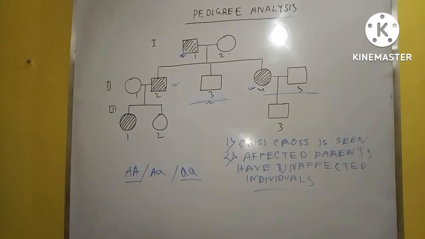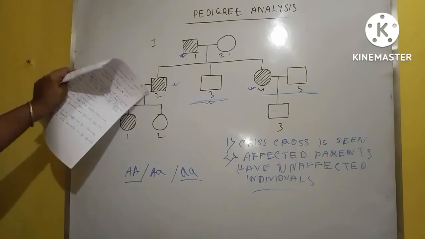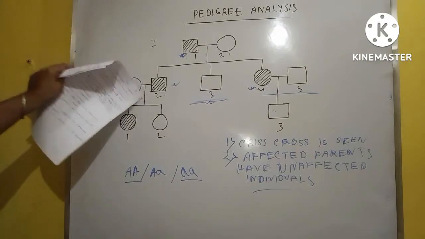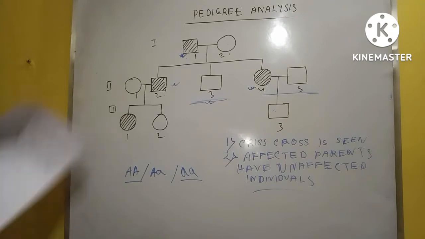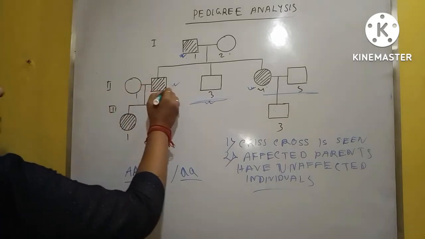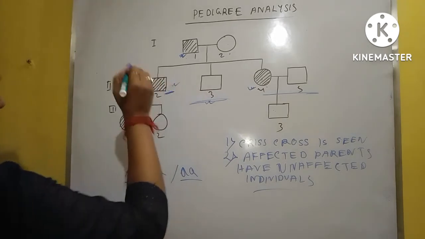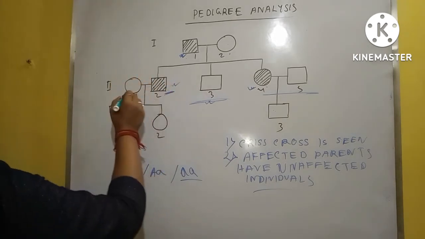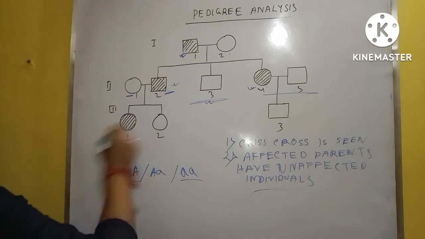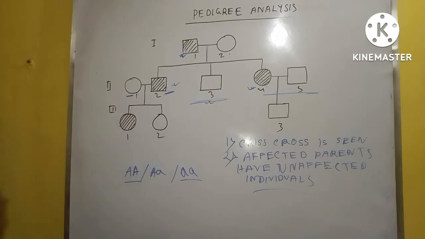That means generation skip is not seen here, and one gene is very important for transferring the disease. You can see here one affected gene remains, and this gene is not present here, but this is also affected.